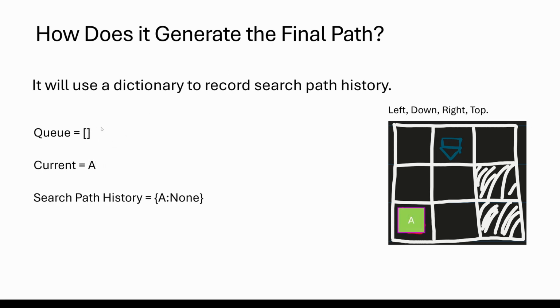So we pop A from the queue, and now A is going to be the current value.